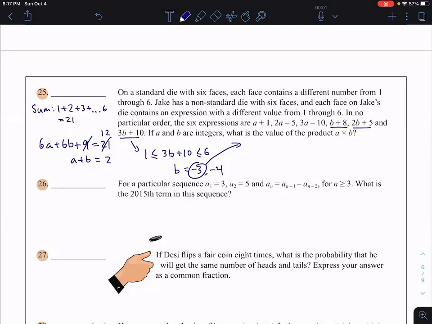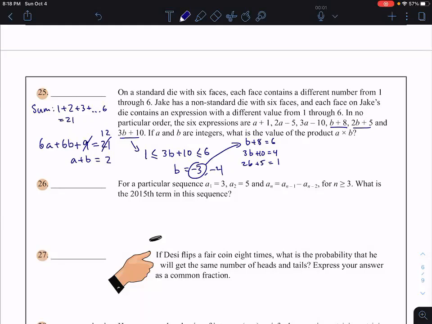We're going to use b to solve for a. And to do that, we have to plug b into all three of these equations. So b plus 8 is equal to 6, 3b plus 10 is equal to 4, and 2b plus 5 is equal to 1.